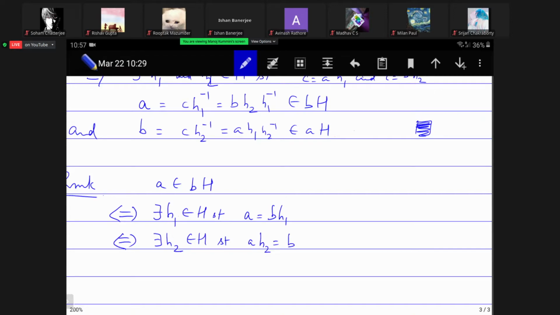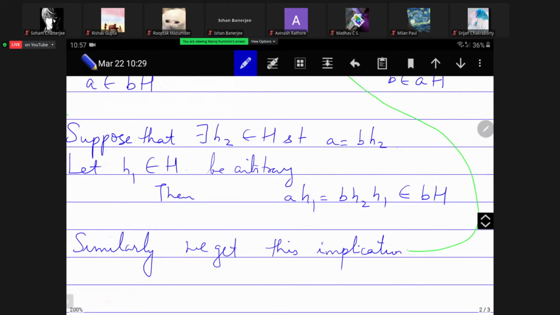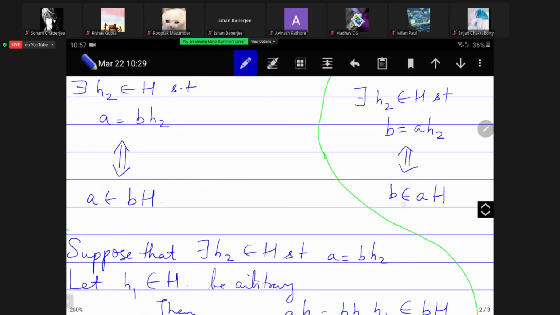If you want to go from the third line to the second line, take h1 to be the inverse of h2. And this is equivalent to saying that B is inside AH. So it might appear that we checked two conditions, but really if you check one, the other one will follow.